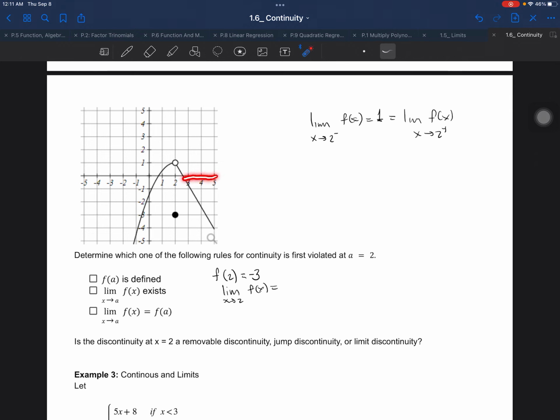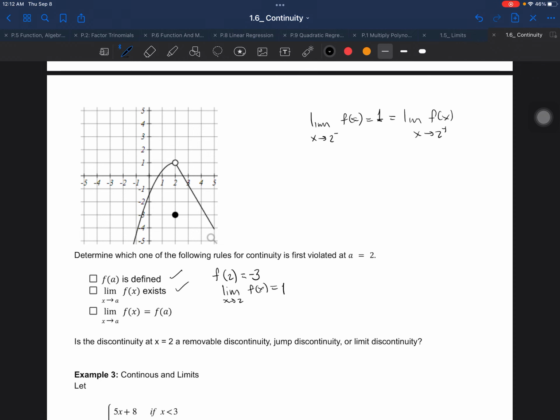As x gets closer to 2, the y value gets closer to 1. So they're the same. Therefore, this limit does exist, and it's equal to 1. So these two are doing just fine.